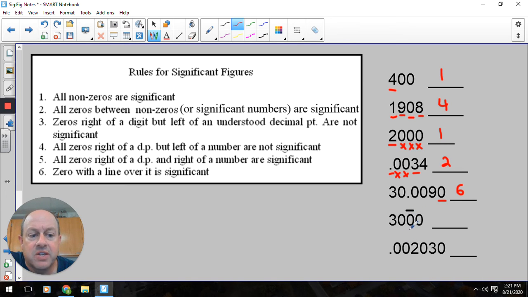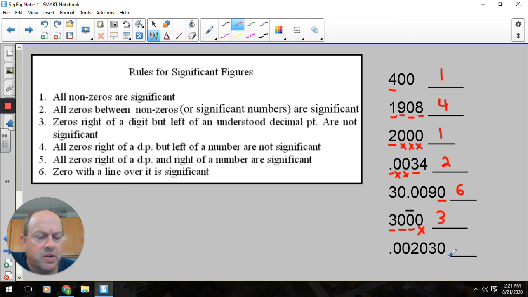Since that's significant and the 3 is significant, then this 0 would be significant based on rule number 2, sandwiched in between. However, this 0 would be more like rule number 3, so it's on the right side of a number, but to the left of the understood decimal point. So therefore, it does not count. So our total number of significant figures would be 3 for this number.